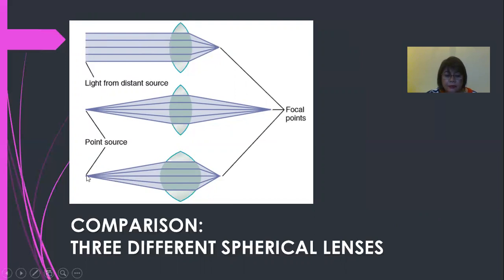It converges at a very far point, while the thicker lens converges the light rays into a nearer point here. Okay, so far point, near focus, near point, it should be far focus, but it focuses here because the lens is thicker.